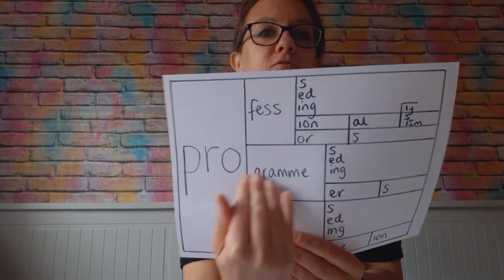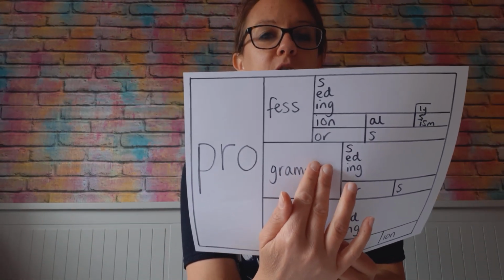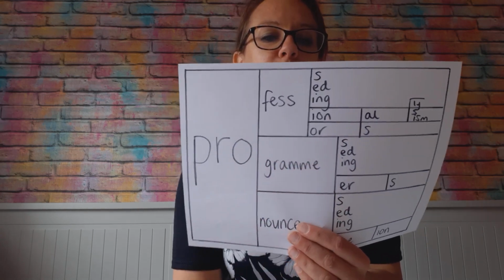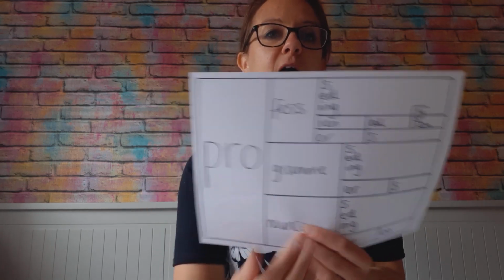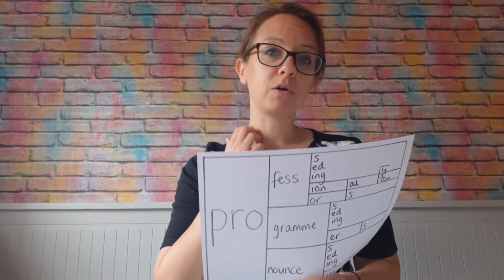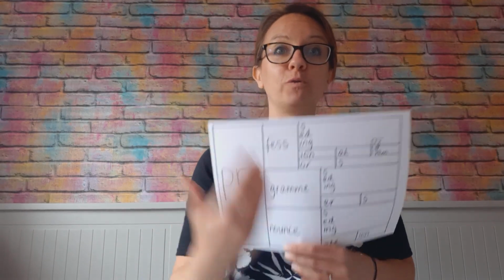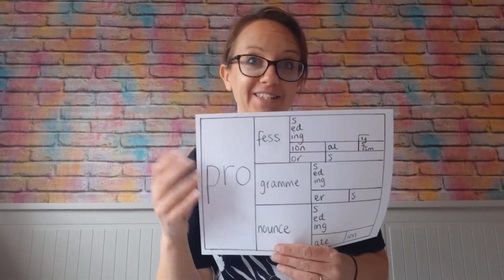Program, and this bit gram here, and obviously in America you can have program without the ME as well, that's the English spelling. The program, that gram actually comes from the root graph, meaning to write. So originally the program isn't talked of as a noun, it's more as a verb. So if you're programming something to happen, you're basically forward writing it, because that's what that means, before writing.